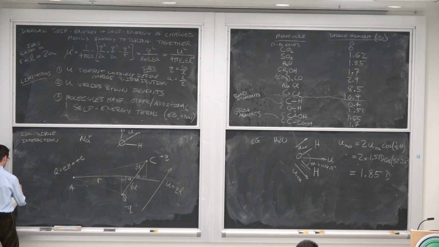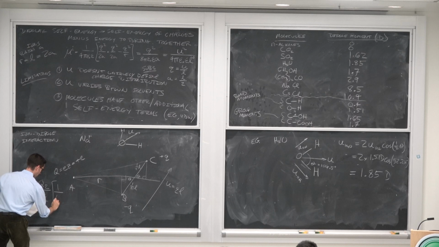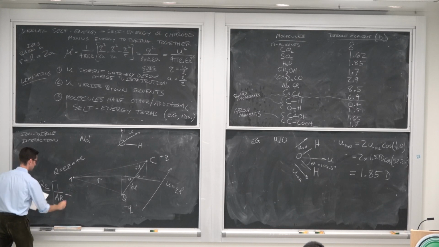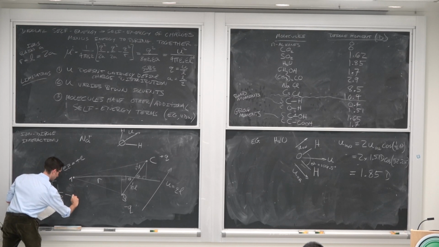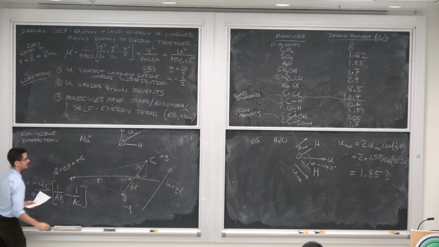So W of R is going to be minus big Q times little q over 4 pi epsilon naught epsilon times the quantity 1 over AB minus 1 over AC.